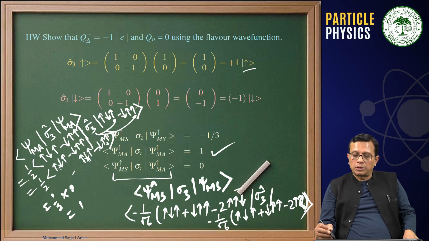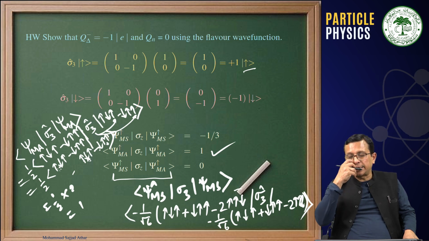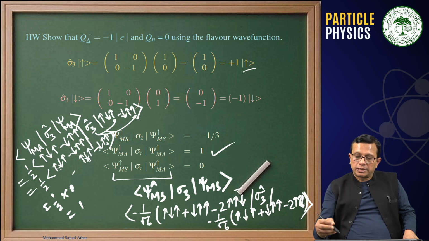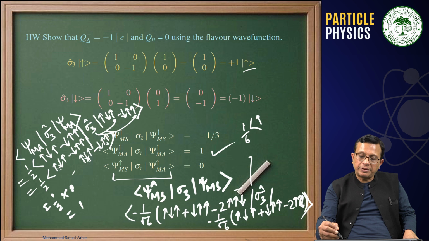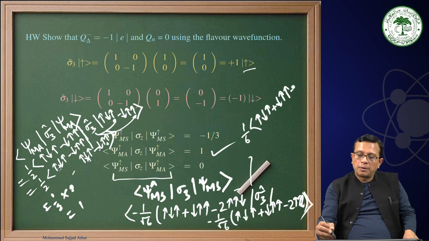But up, down, when it operates on a down state, will give me minus 1. Therefore, if you notice, minus 1 by root 6, when we take them out, this will be 1 by 6, and then we have up, up, plus down, up, minus twice up, down.